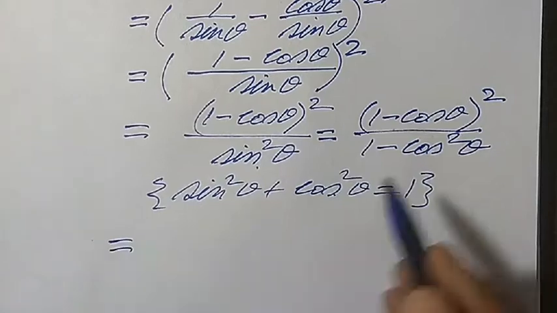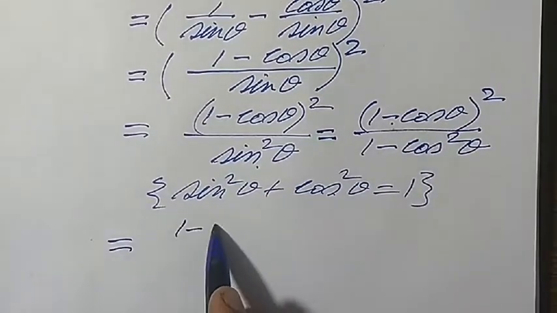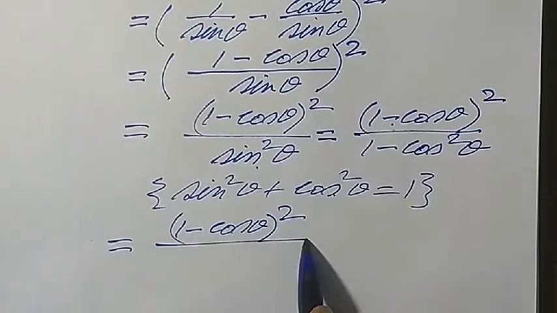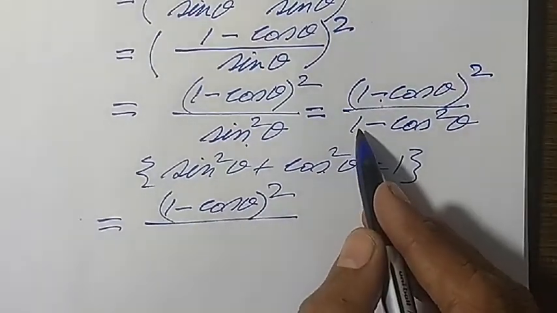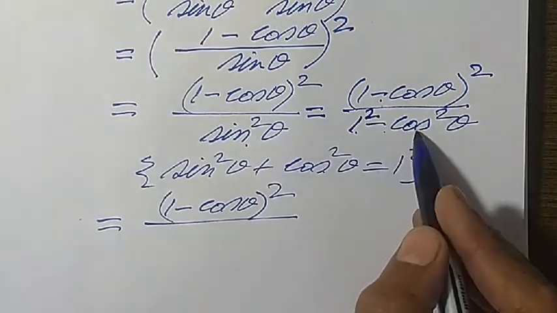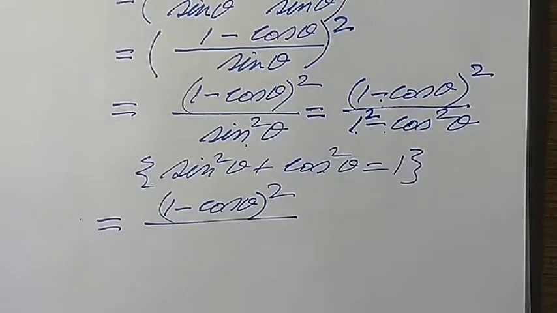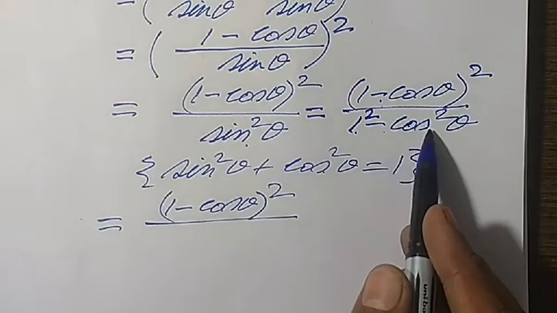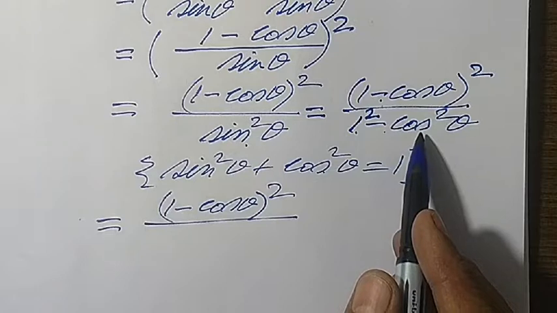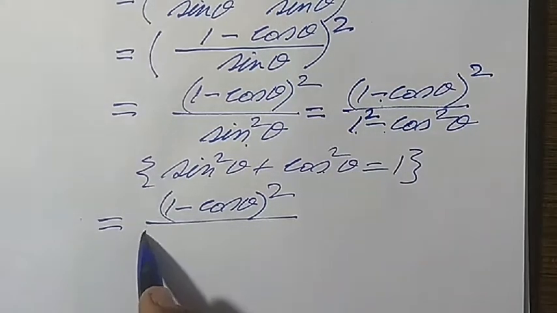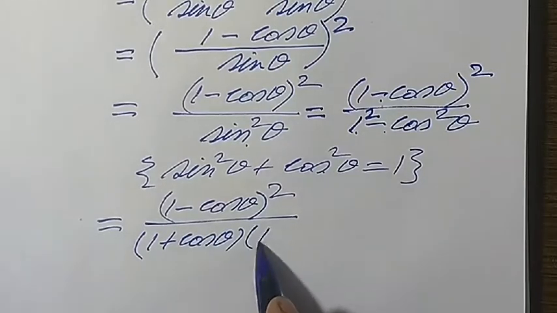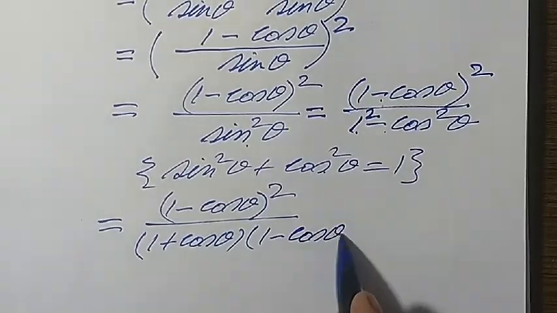Here as you know 1 may be written as 1 square, so it is 1 square minus cos square theta, that means in the format of a square minus b square. So we may apply a square minus b square formula, which is equal to (a plus b)(a minus b), so we may write it as (1 plus cos theta) into (1 minus cos theta).